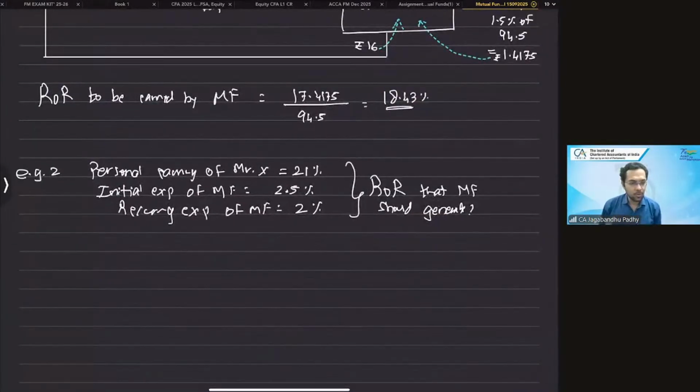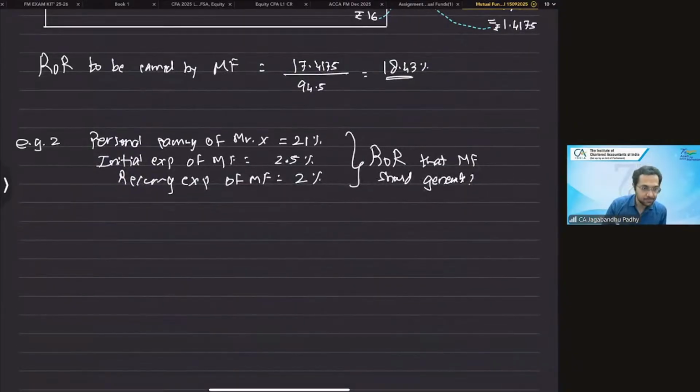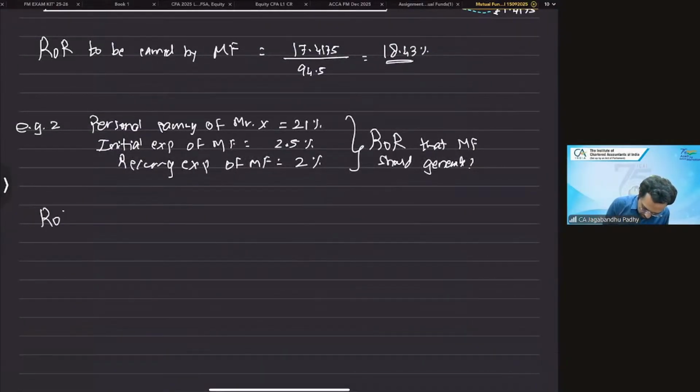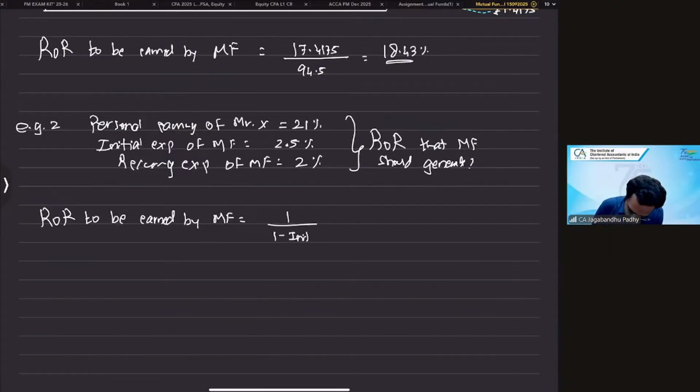Well, I can actually put this in the form of a formula also. The rate of return to be earned by the mutual fund is going to be 1 upon 1 minus initial expense, into the personal return of the investor, plus the percentage of recurring expenditure.